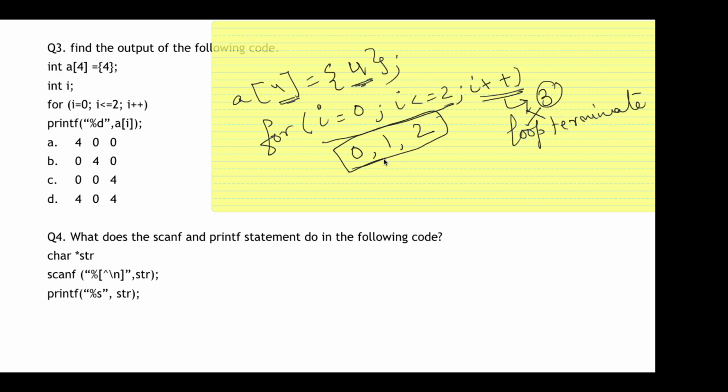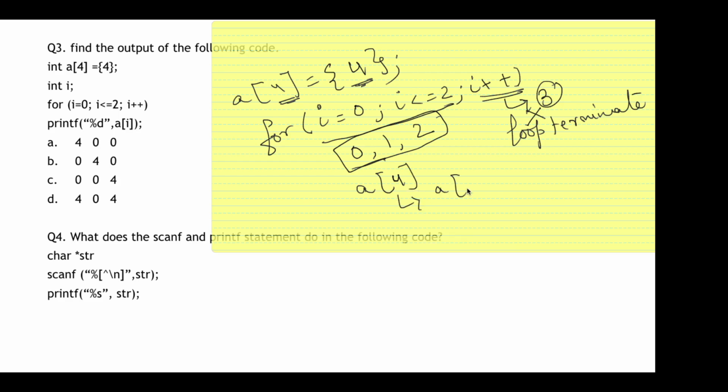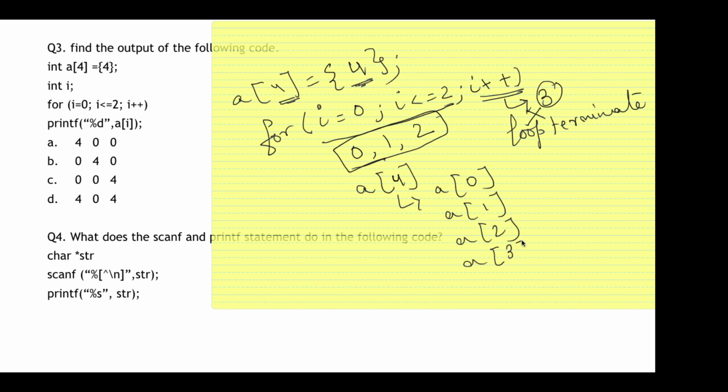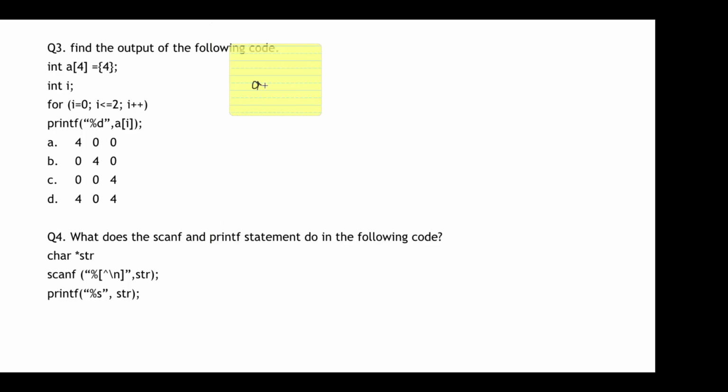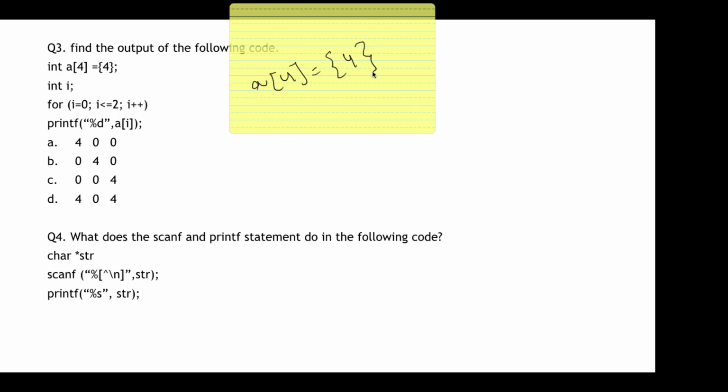Now A of 4 means how many indexes? Like this, A of 0, then A of 1, then A of 2, then A of 3. So these are 4 indexes. Now you see A of 4 just has one element, that is 4.